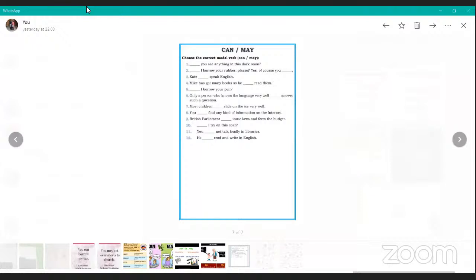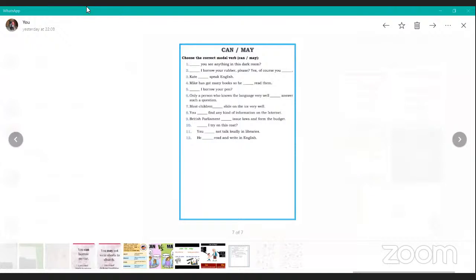Right. Number 10. I try on this coat. May I try on this coat? May. Then number 11. You blank not talk loudly in libraries. You cannot talk loudly in libraries.